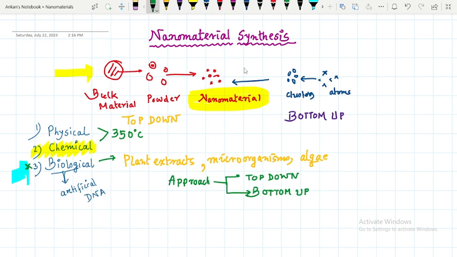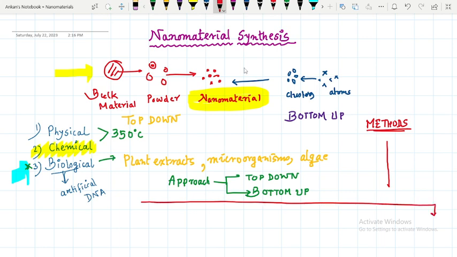These are two approaches, and the methods are classified as, let me write over here, the methods of preparation are classified into three stages: physical method, chemical method, and biological method.